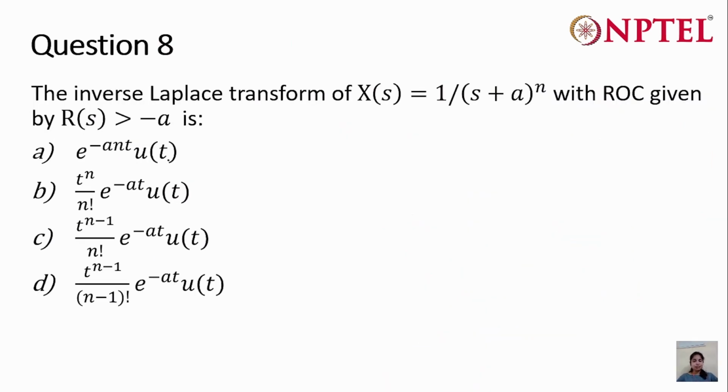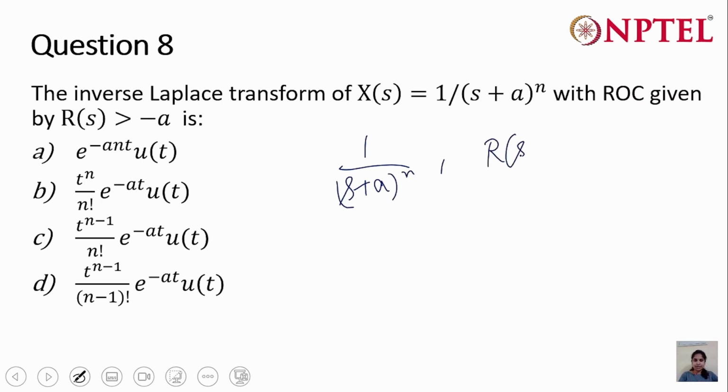Now, the inverse Laplace transform of X of s, which is 1 by (s plus a) the whole power n, with an ROC real part of s greater than minus a is dash. What is the inverse Laplace transform of this?